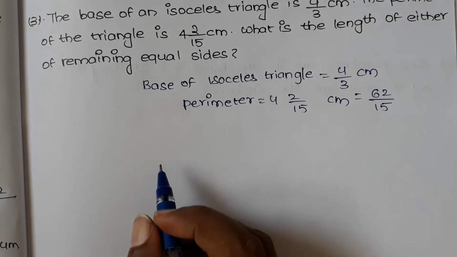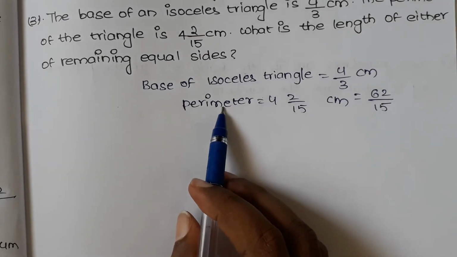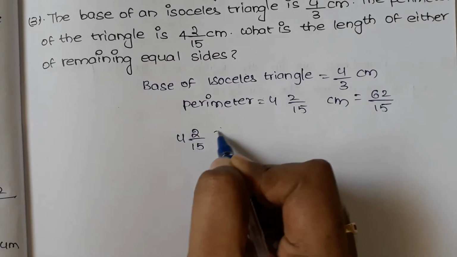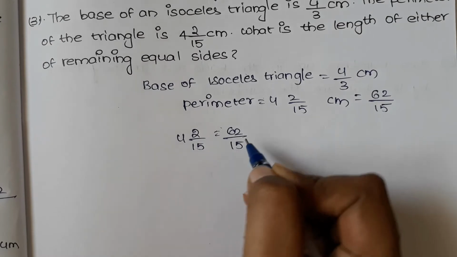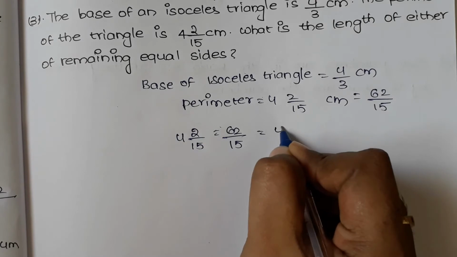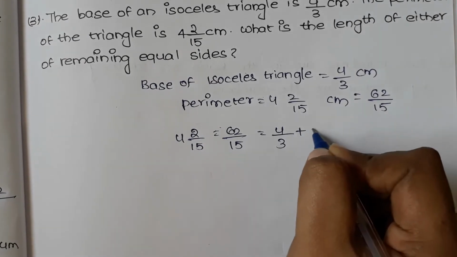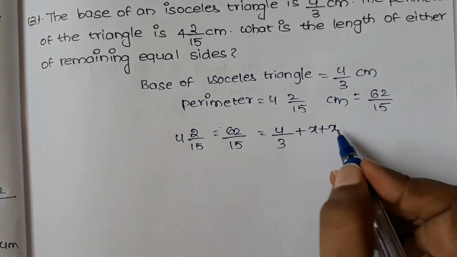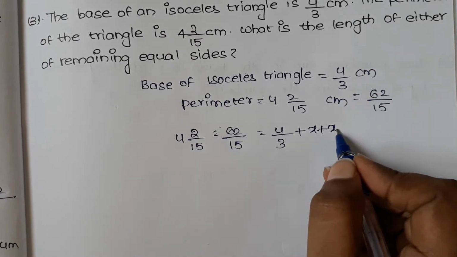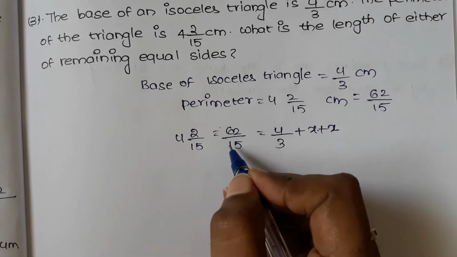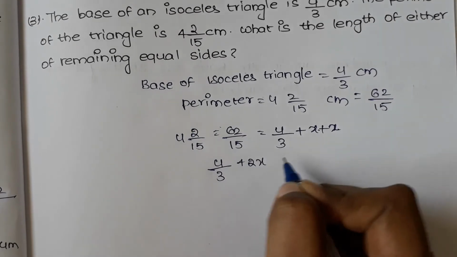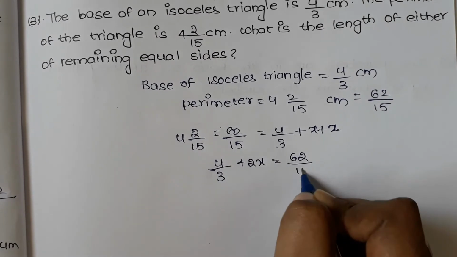And now here the perimeter of isosceles triangle, that is 4 2 by 15 equals to 62 by 15 equals to 4 by 3 plus x plus x. Here x plus x is nothing but 2 equal sides, and these 3 sides of the triangle is equals to the perimeter, and 4 by 3 plus 2x equals to 62 by 15.